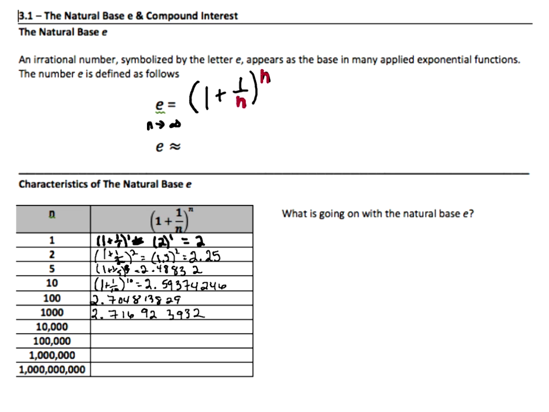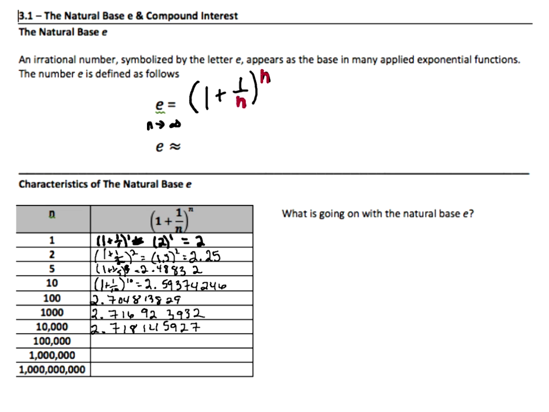Okay, 1.0001 raised to the 10,000th power is 2.718145927. And it gets more and more important to take that out to more and more decimal places so you can see the difference in them. Okay, 100,000.